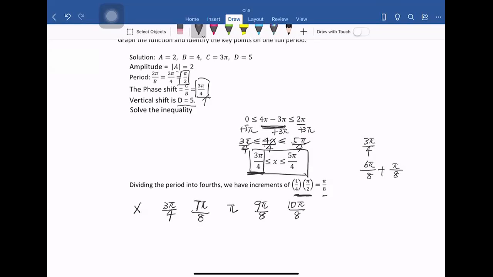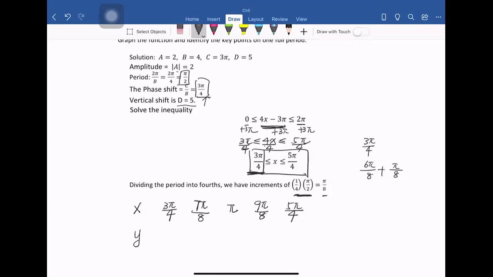So let me check if there's a mistake. I think there's no mistake. If you want to simplify this one, that's 5 pi over 4.